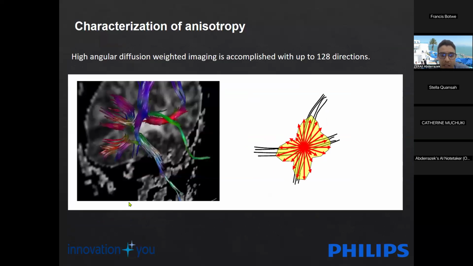Here, maybe we can go to more than 32 directions, for example 128 directions, which is high angular resolution diffusion weighted imaging, HARDI, accomplished with up to 128 directions.